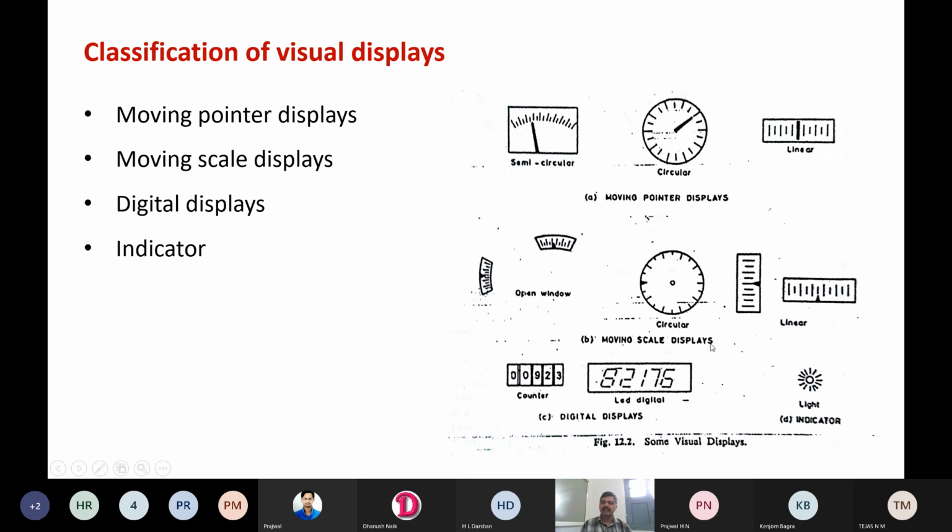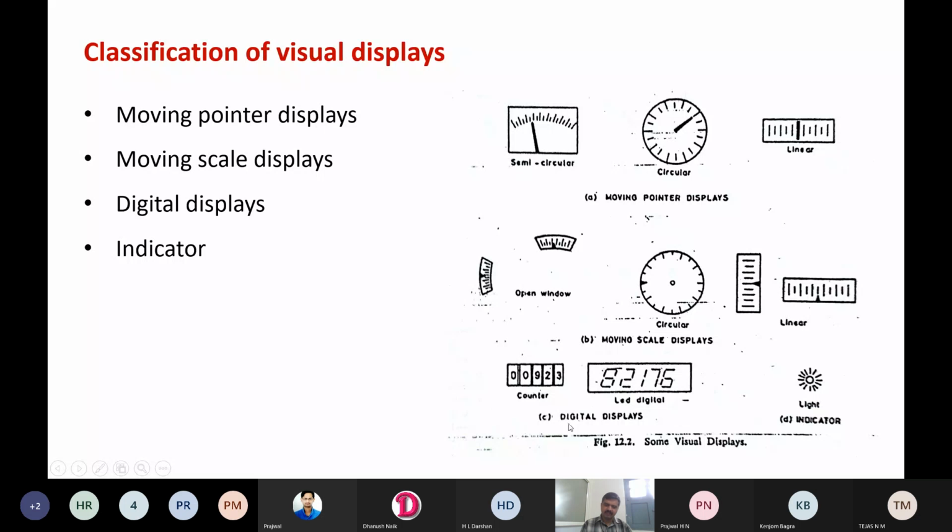In the case of the moving scale display, the pointer is fixed, whereas the scale is going to move. That is the moving scale display. Digital displays, we see nowadays, most displays make use of LED and digital display.